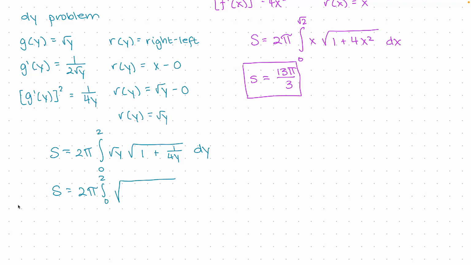If you distribute that y inside the radical, you're going to get y plus 1/4. It's just u sub again. And you don't even really need the u sub because the derivative of the inside is just 1. But anyway, 13 pi over 3. So different ways of setting it up. Any questions about that?